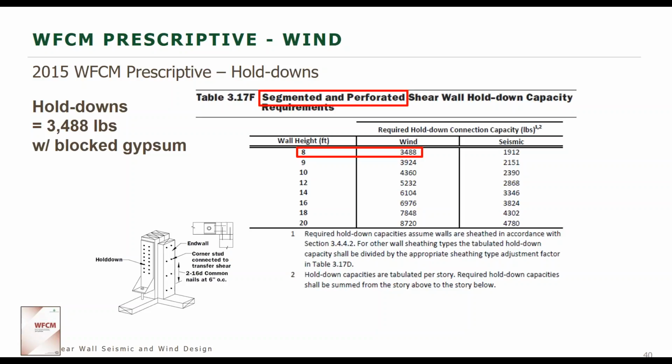I went to Table 4.3C of the Wind and Seismic Standard, and there are a couple of entries here for drywall screws. Oh, okay.